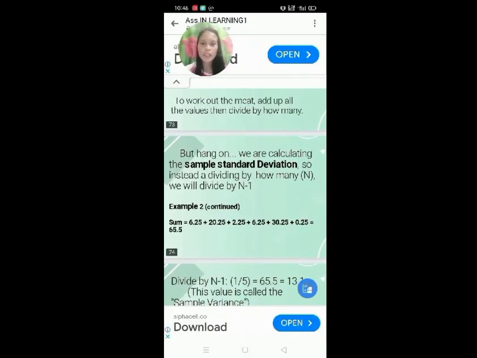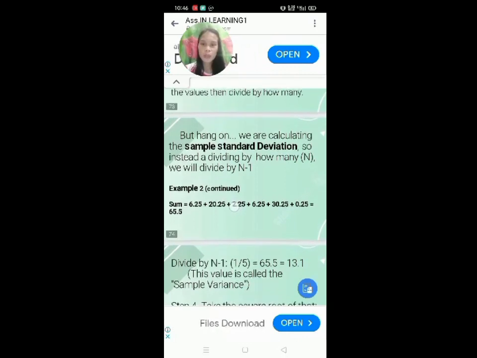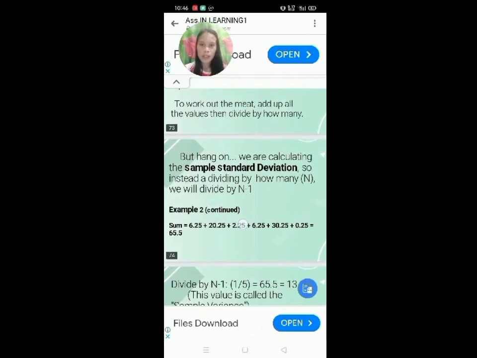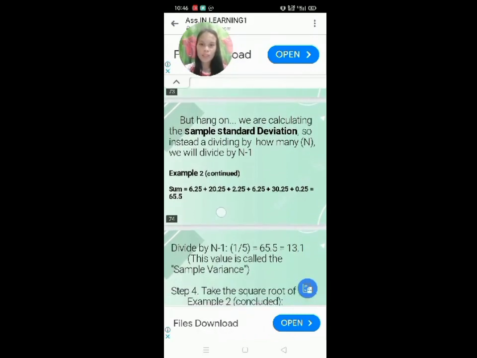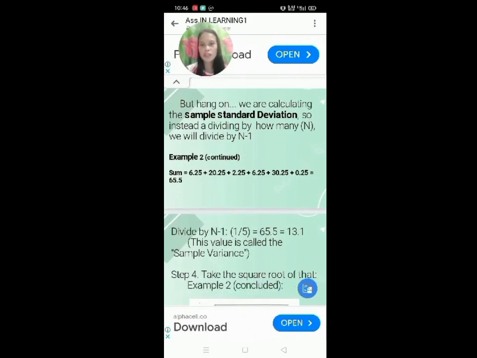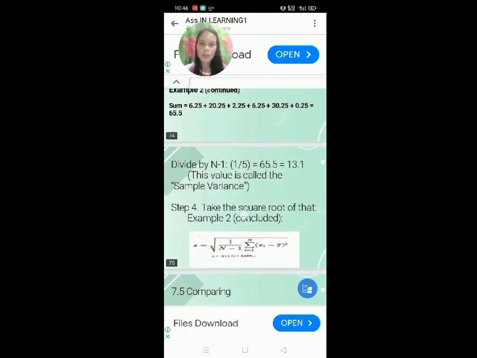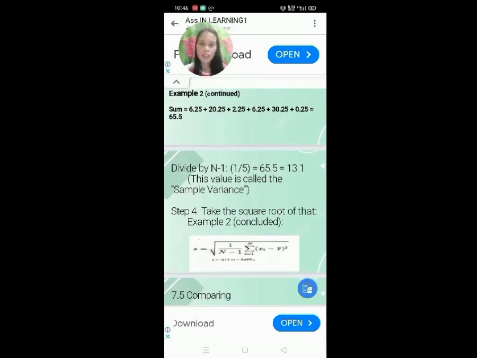But hang on, we are calculating the sample standard deviation, so instead of dividing by n, we will divide by n minus 1. The sum is 6.25 plus 20.25 plus 2.25 plus 6.25 plus 30.25 plus 0.25, which totals 65.5. Then divide by n minus 1, so 65.5 divided by 5 equals 13.1. This value is called the sample variance.